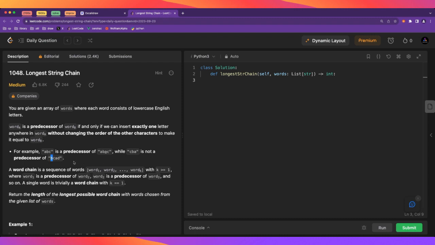So we inserted a D, but the order of B and C is reversed, is inversed.